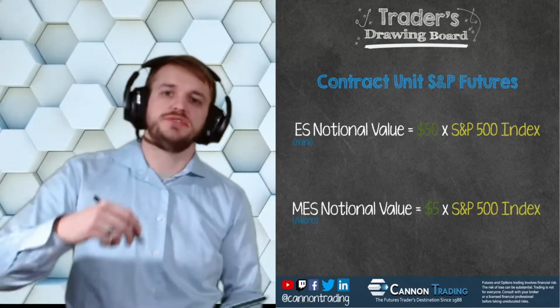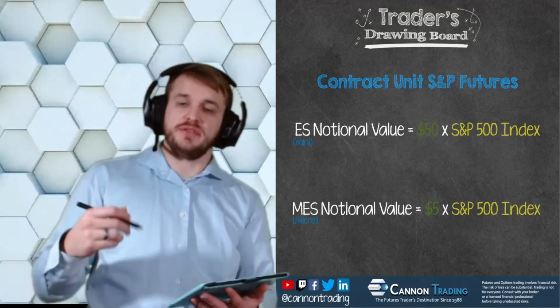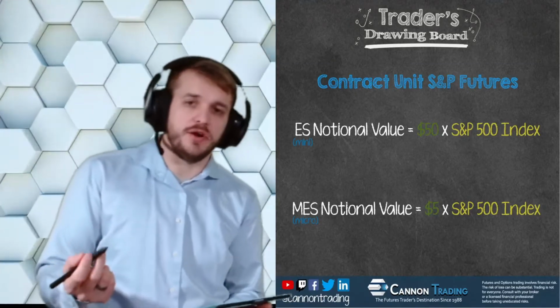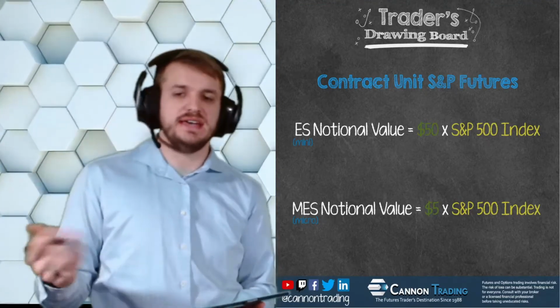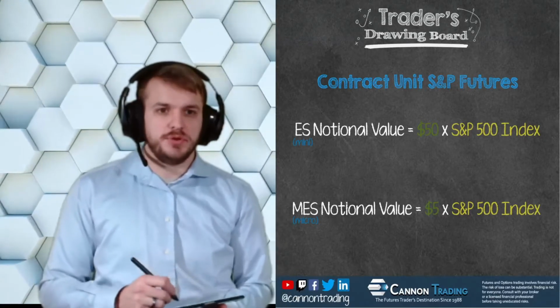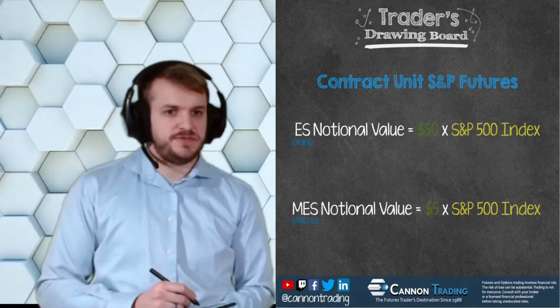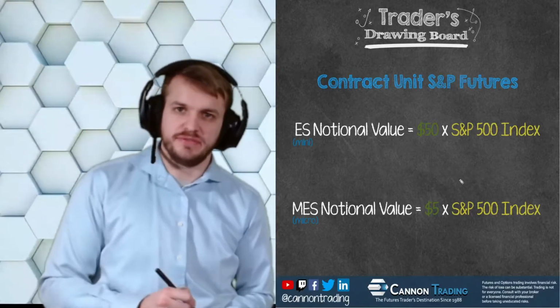Determining the contract or notional value of a futures instrument is as simple as knowing the contract unit and multiplier of that specific instrument. So in this example, we're going to take a look at the ES, which is the E-mini S&P 500 futures. The contract multiplier for the ES is $50 times the value of the S&P 500 index.